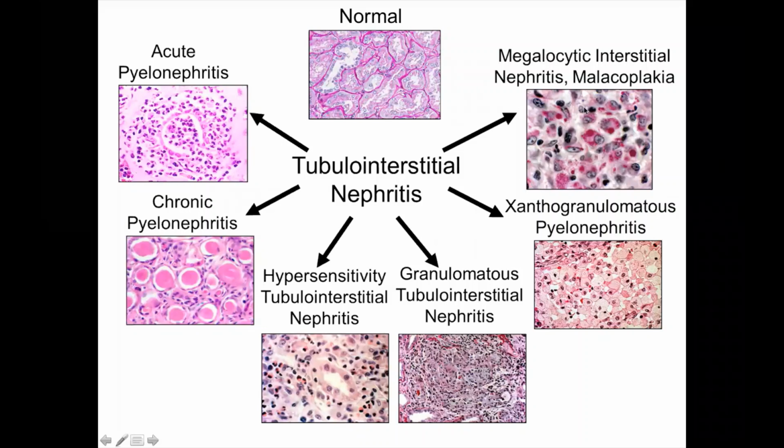You all remember that we will do von Kossa if we are suspecting Michaelis-Gutmann bodies and we are worried about malakoplakia, and it will be positive for the Michaelis-Gutmann bodies. What is important to note here is that malakoplakia is not that common in the kidney, but it can happen.